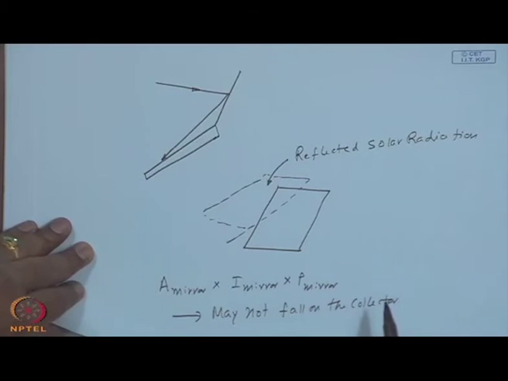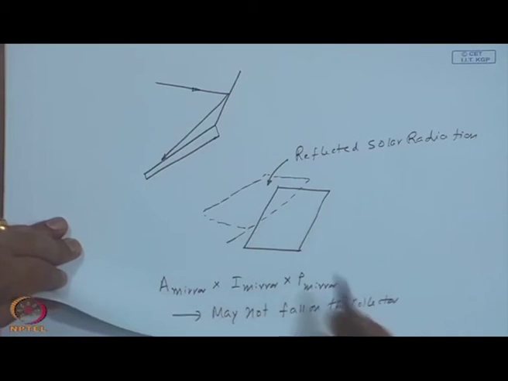So this will be a useful technique at a particular time period. Usually you orient it such that the maximum amount of reflected radiation falls on the collector surface at noon time, taking advantage of the high intensity. So, that is what we do by mirror boosters.